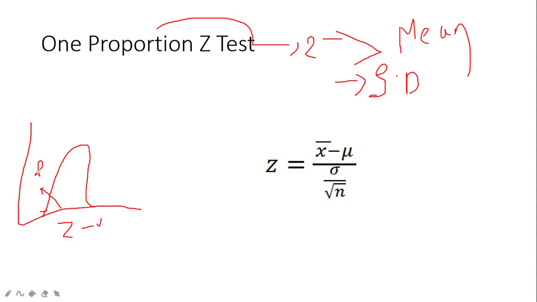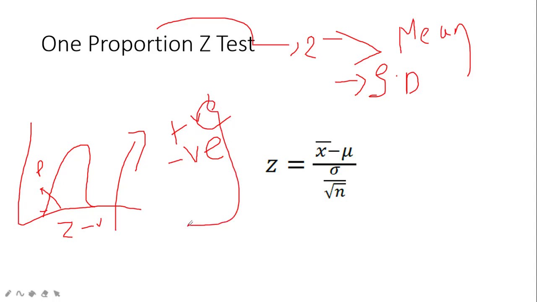Then you can go ahead and find out the values. One thing to remember: with the Z values, you can go ahead with positive values as well as negative values. So both will be there for the Z test.